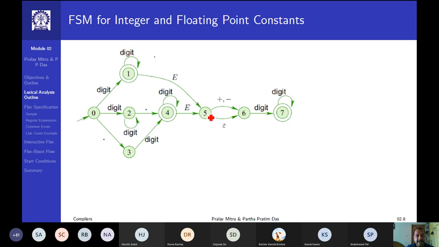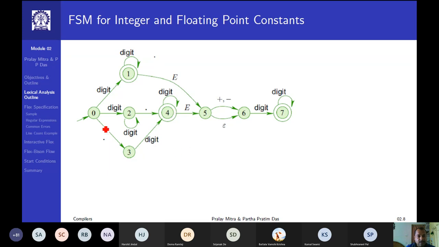That integer number indicates the state number. You can consider this my start state or zeroth state, this my first state, this my second, this third. As such there is no meaning for this; it just helps for clear understanding or explanation.